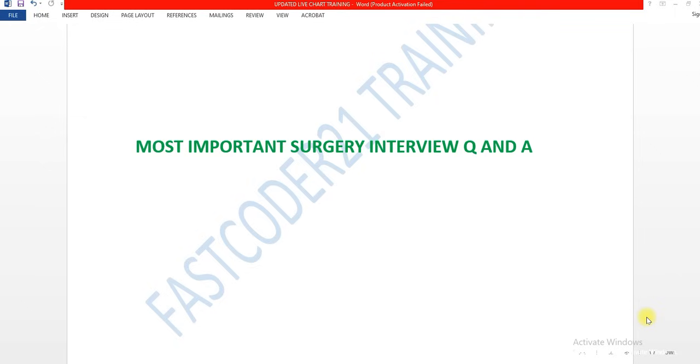What are LCD and NCD? LCD is local coverage determination and NCD is national coverage determination. If you have both LCD and NCD, which one supersedes? LCD.